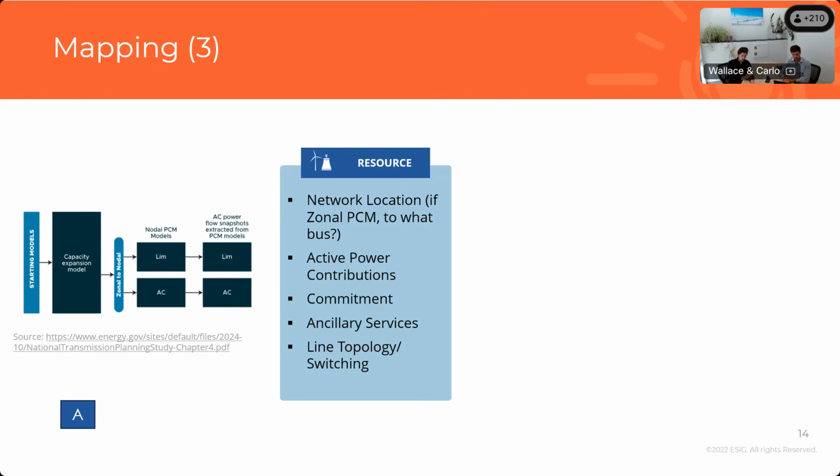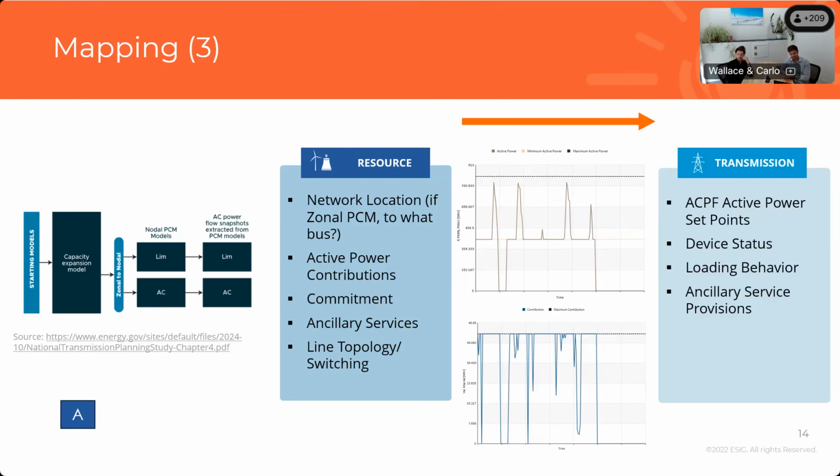Now, these planning activities take a long time, and sometimes you run out of time, like today. But really what we're doing is we're taking from the resource planning, and we're looking at the active power commitment based on these particular operations of these scenarios in future cases, as well as what they might be providing from an ancillary service provision.